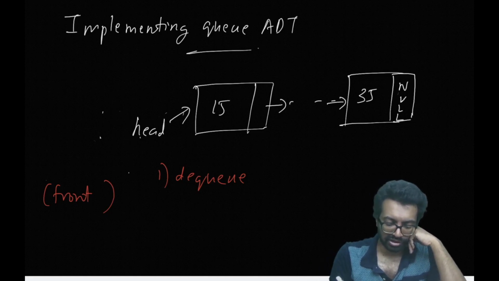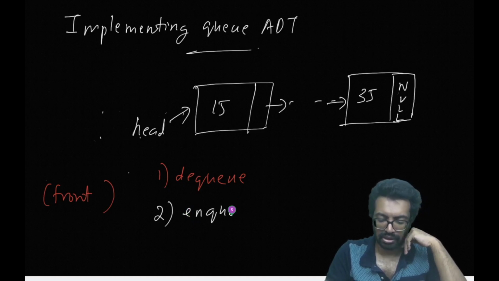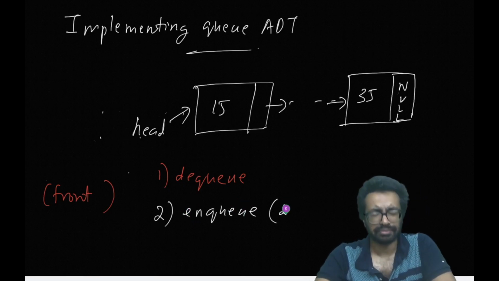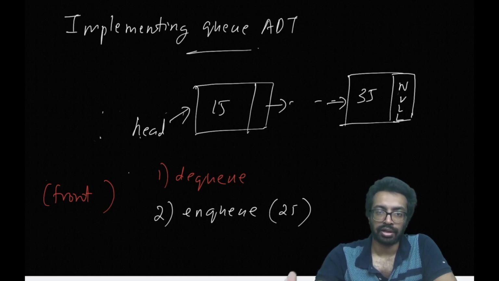Now, what about the function Enqueue? Let's say I want to enqueue 25. That is, I want to add 25 to the back of the queue, or in this case, the tail of the linked list.